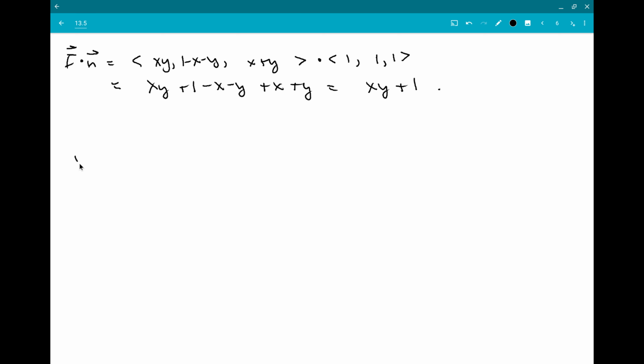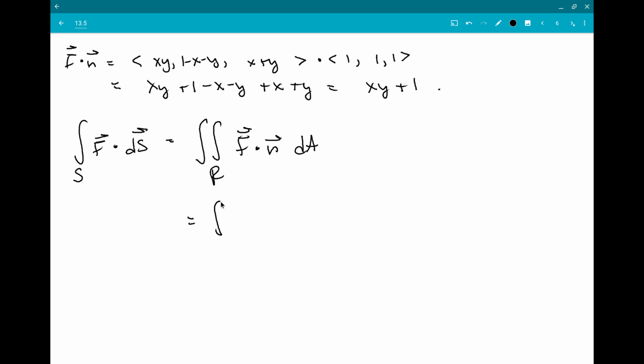And now we're good to go ahead and plug everything into the formula, which is that the surface integral over some surface S of a vector field F is going to be the double integral over the region R of F dotted with n evaluated over the area of R. We just found our F dot n, which was xy plus 1.